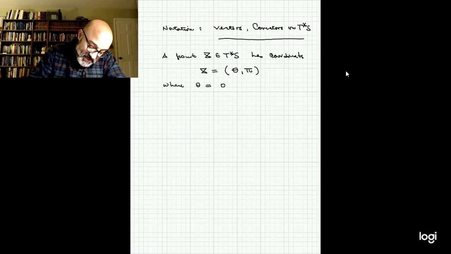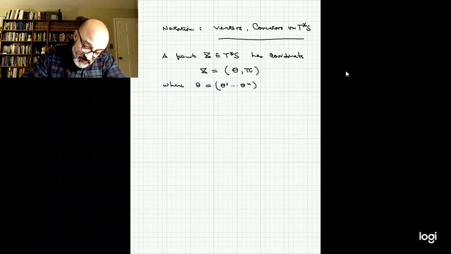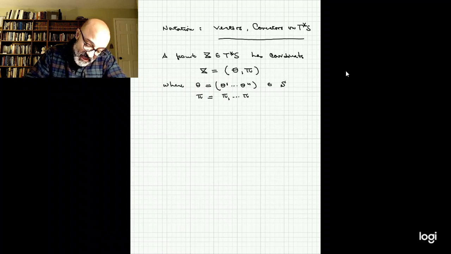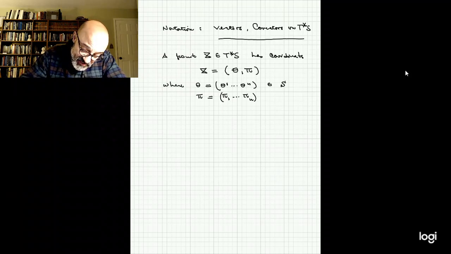Theta stands for the n coordinates on the simplex, and pi stands for the n coordinates on the cotangent space at the point theta.